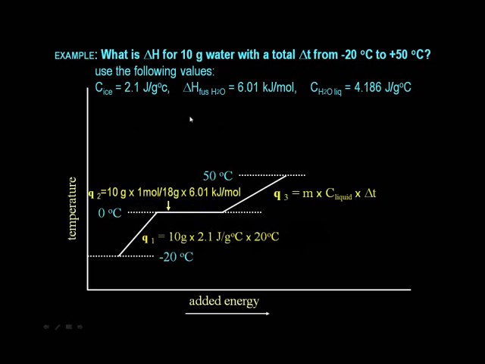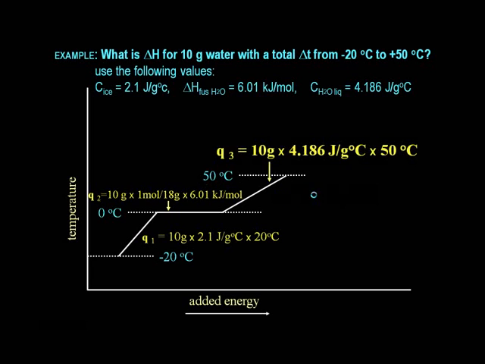I look up my value for heat of fusion and plug that in. And then Q3, again, this should be 4.184 joules per gram degree C for liquid water. I have 10 grams, and I'm going up 50 degrees. It's 0 degrees C here when it just begins to start rising in temperature, and I go up to 50.